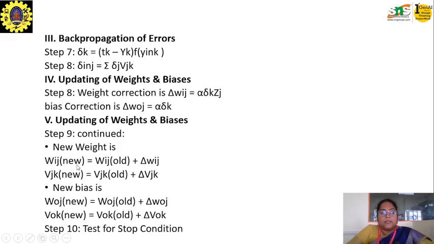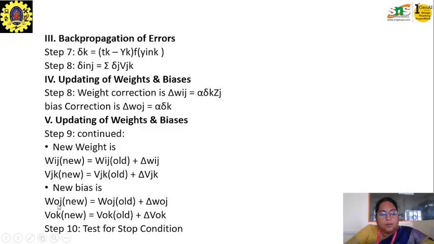So the new weight wij is equal to the old wij plus the corrected, updated del wij, which we have calculated here. The same for vjk in the second hidden layer: new vjk is equal to old vjk plus del vjk. This is how the new weight is calculated. And the new bias also has to be calculated.